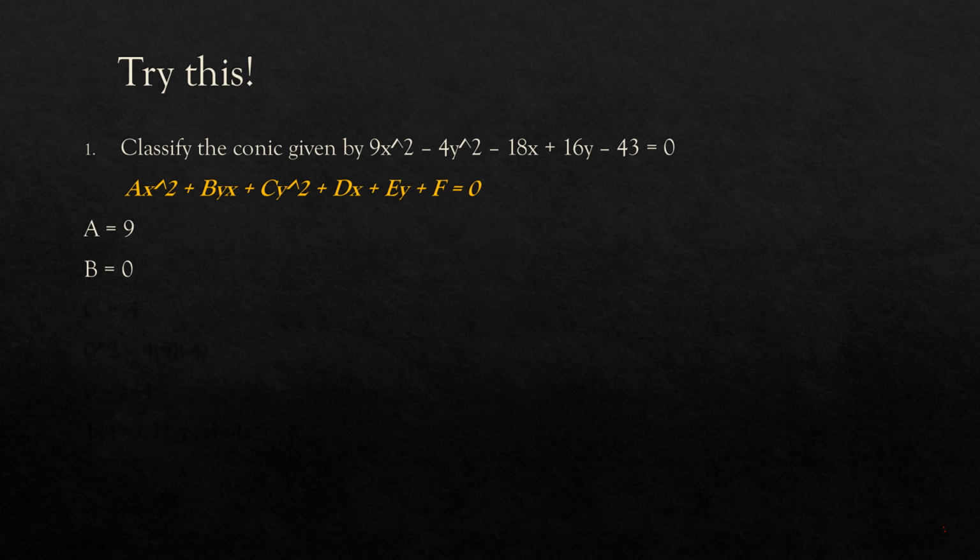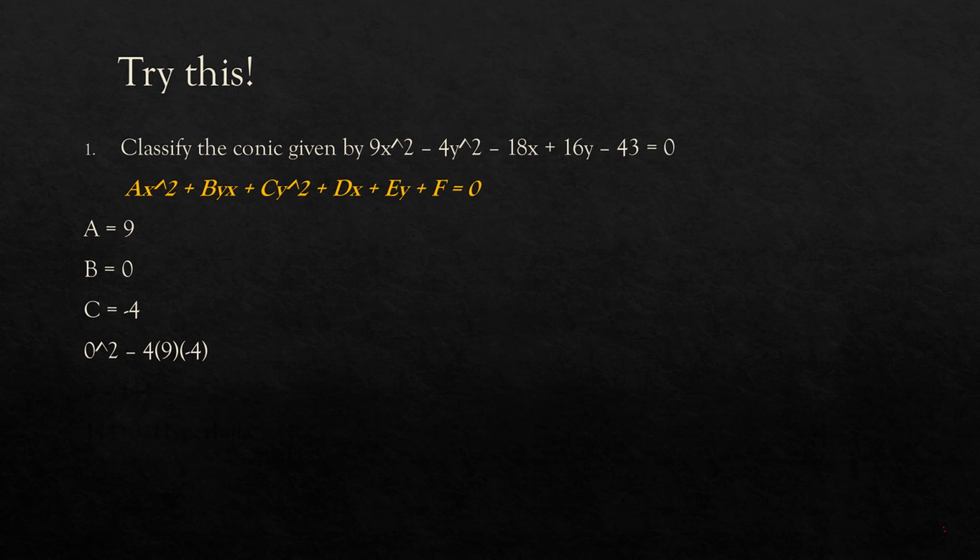Next, the value of b is 0 since there is no xy term. And c is -4 since this is the coefficient of y squared. Our cy squared here is -4y squared, so the value of c is -4.